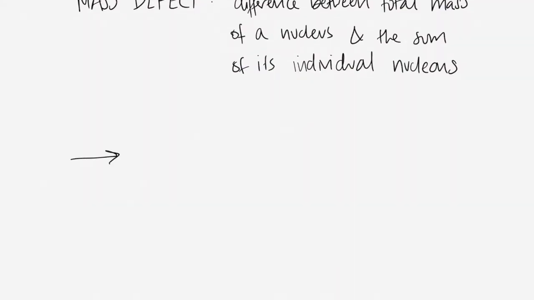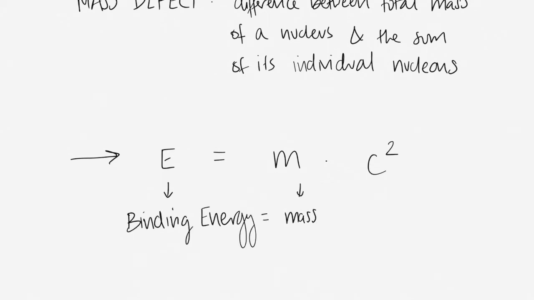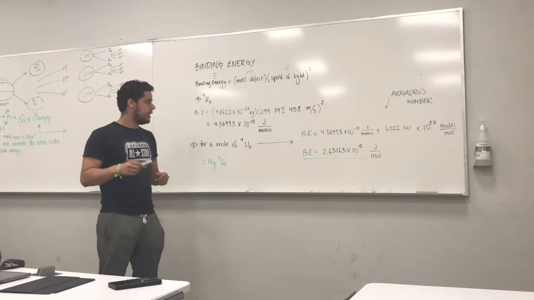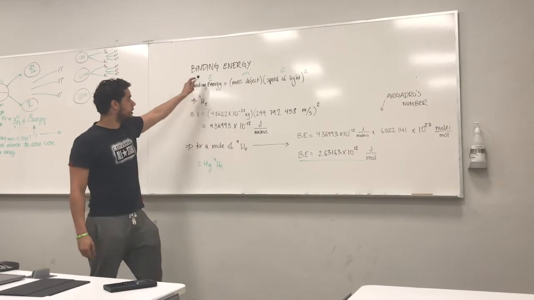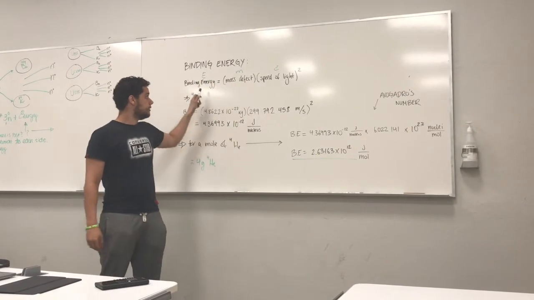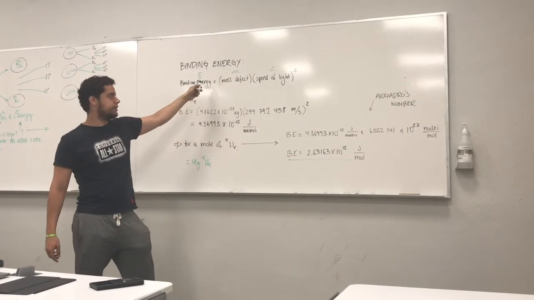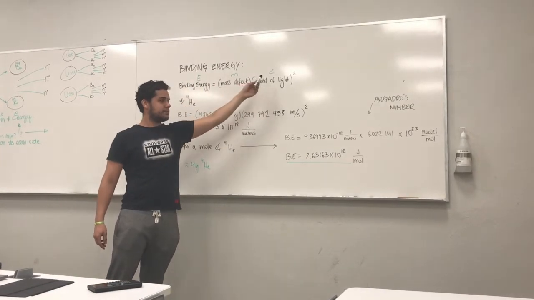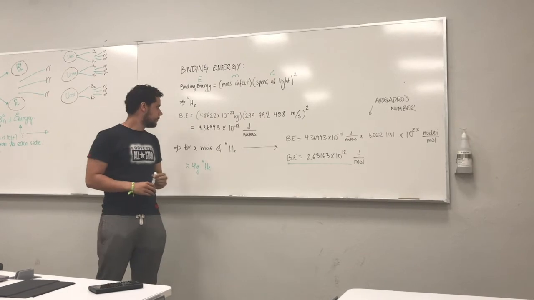Once we have the mass defect, the binding energy can be calculated by using the mass-energy equivalence formula. This time, binding energy equals mass defect times speed of light squared. This is Einstein's classic formula of energy equals mass times speed of light squared.